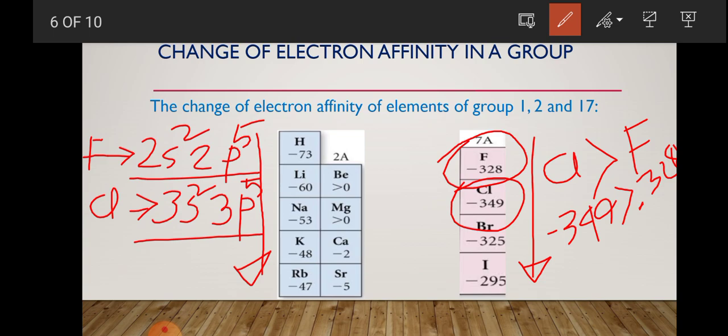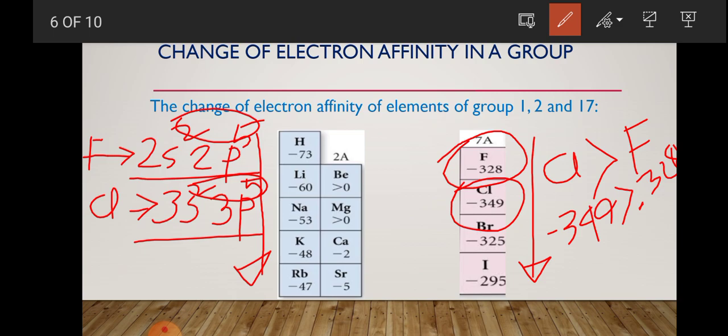The outermost orbit of fluorine atom is second orbit and that of chlorine is third orbit. In both cases, 7 valence electrons are present. The size of the second orbit is small. Hence, the 7 electrons cloud density in this orbit is high.